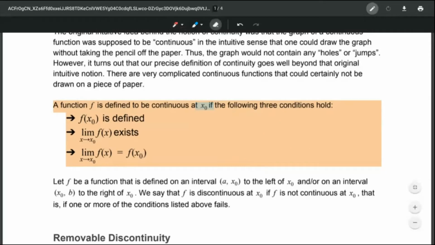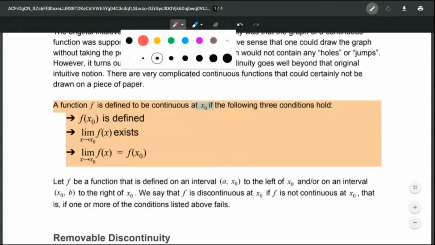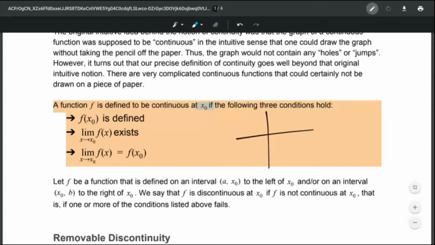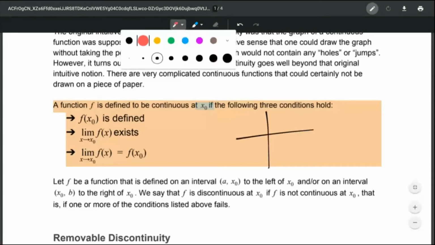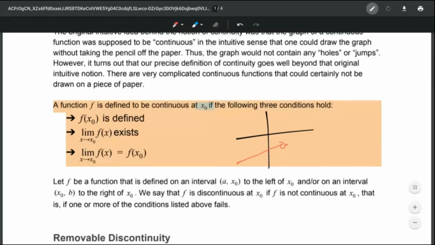And then the last thing that has to hold true is that the limit as x approaches x sub 0 of f of x has to equal the same value as f of x sub 0. So basically, you can't have something like this. Here we have a function. Let me draw it real quick. So let's say it comes here, you have a hole there, and then we have a dot here. So here, let's say this is f of, I don't know, 3. It's equal to 4.